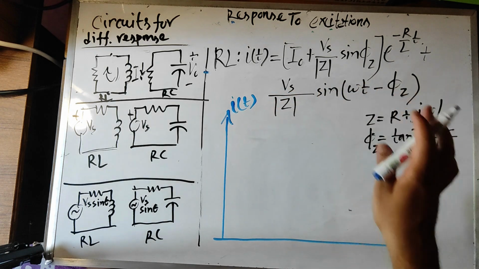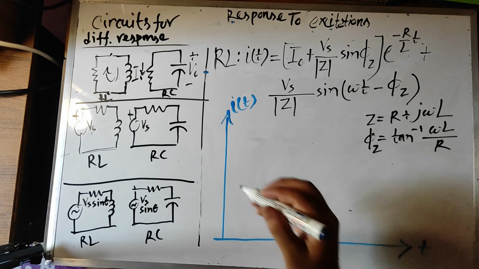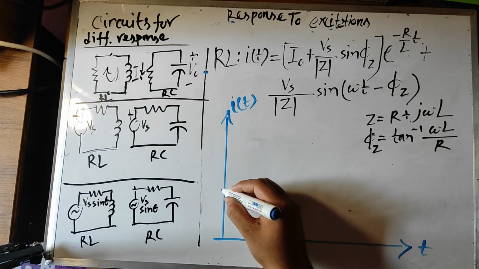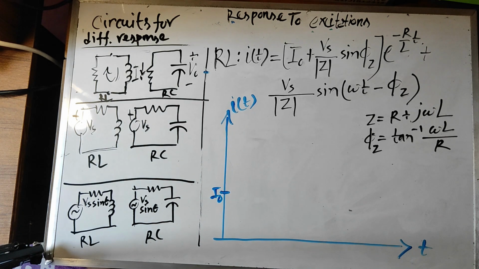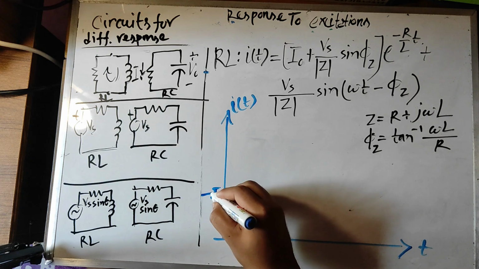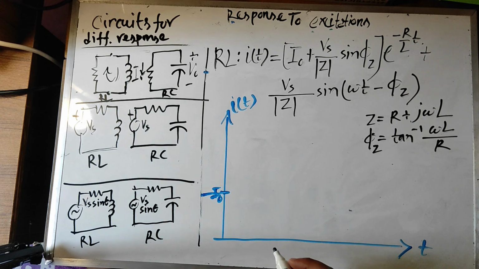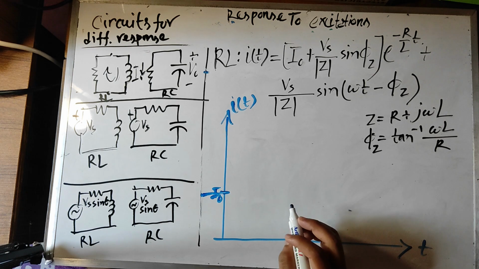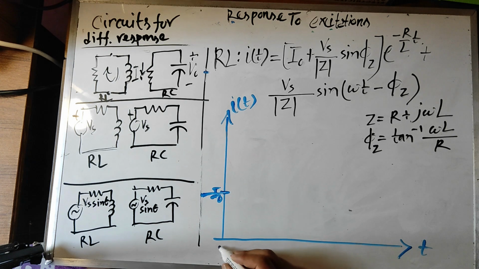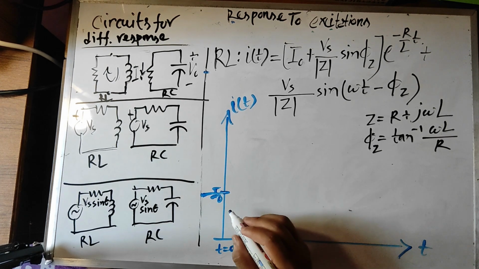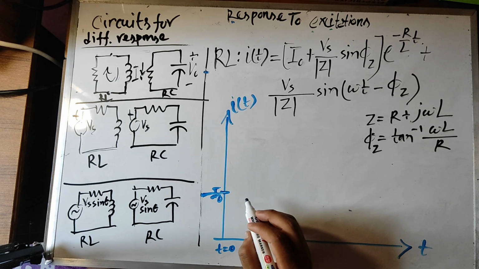So the transient response is, say this is I0, like this, and after t equals 0 it will look like this.